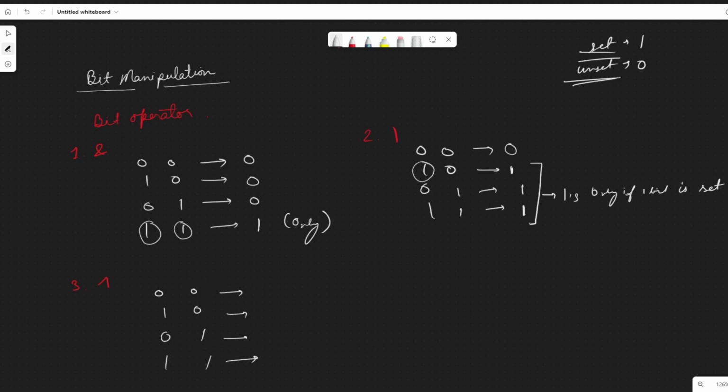In the XOR operation, if we have different bits, then it is set, otherwise it is not set. Here both the bits are same, so it is not set, that is 0. Here both the bits are different, then it is set. Here both the bits are not same, so it is set. Here both the bits are same, so not set. Simple.